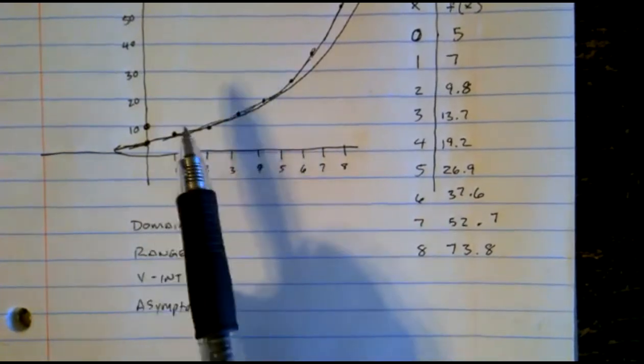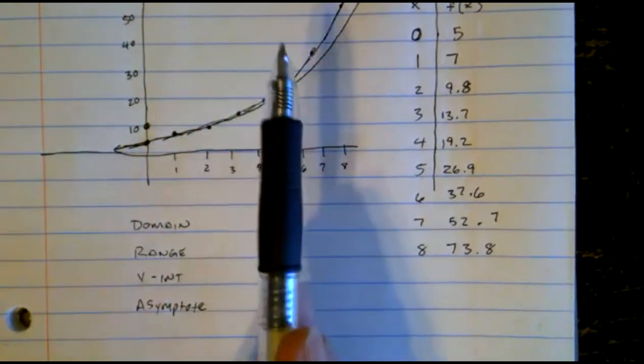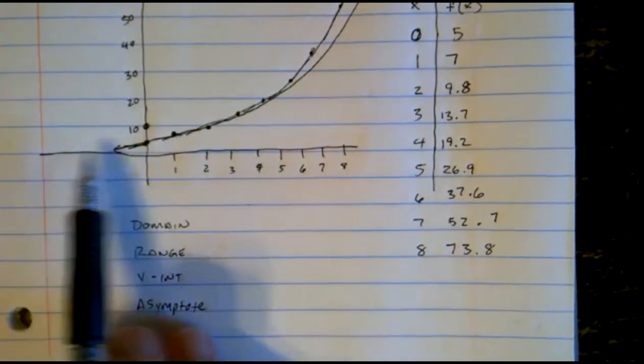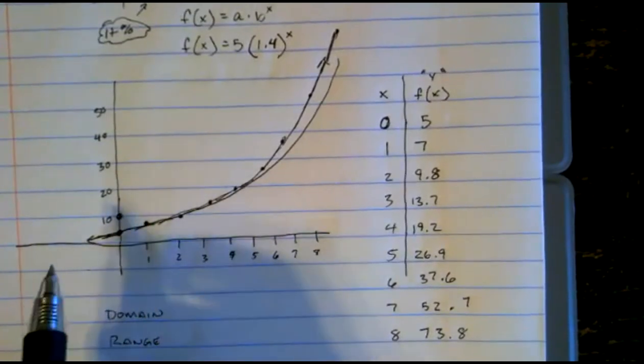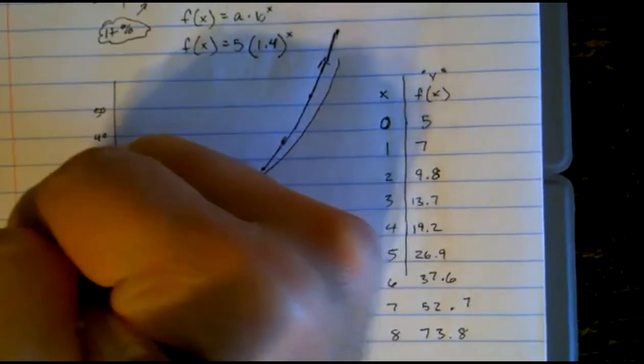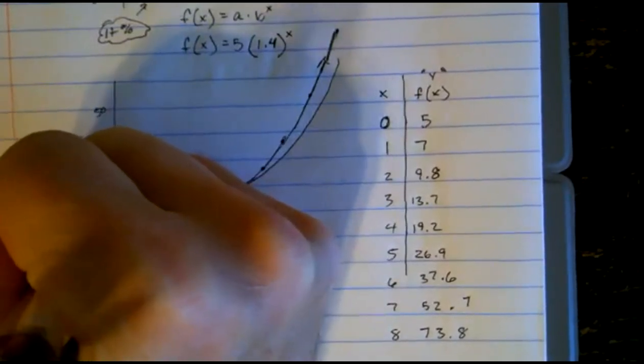Well, the domain is just all the x values that can exist on this graph. Now, it depends on the scenario, but typically, if we're just looking at the graph of any exponential function, it can move as far left and as far right as we need it to, right? So we can do calculations for -1, and it has a value. We can do -2, and it has a value, -3, and it has a value.